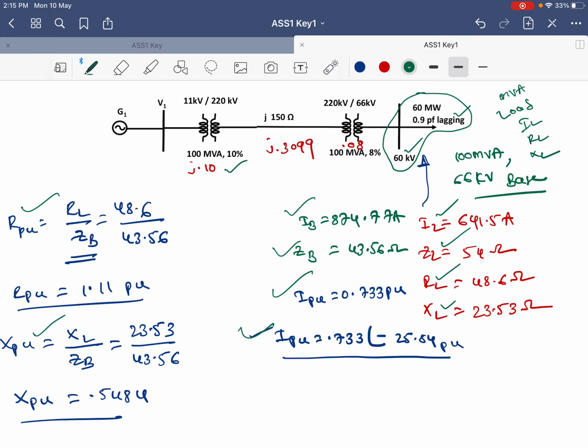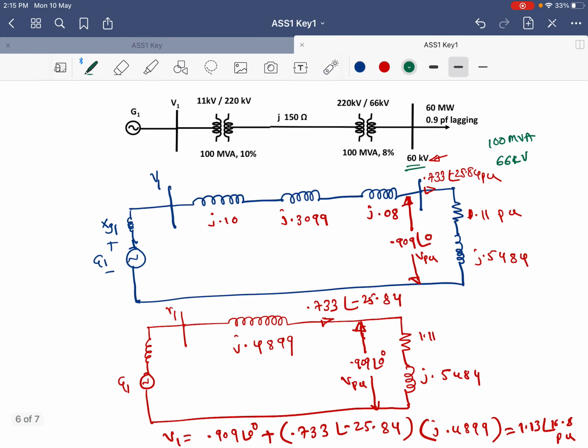Once we know all the per unit values on a common base, then you have to draw the reactance diagram. Once you have drawn the reactance diagram, our objective is to find out the voltage V1, the voltage at this particular point. We want the voltage at this point. For that, we know the voltage here, we know the current here, we know the total reactance.